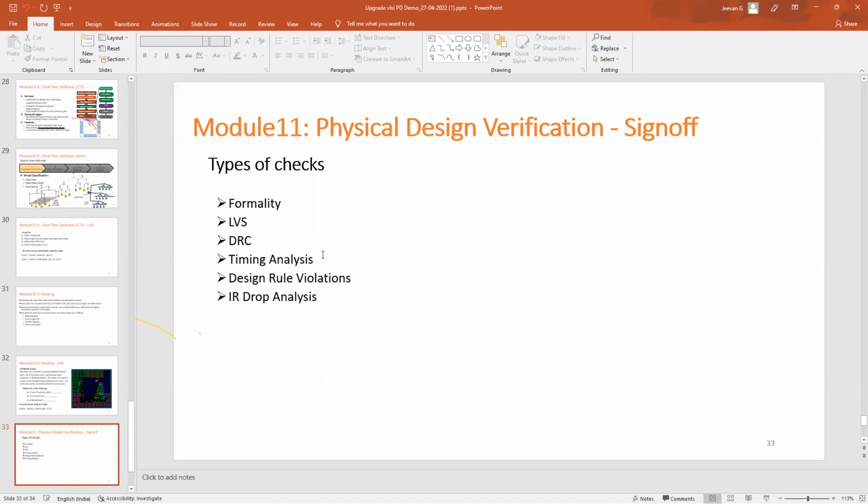Everything depends on you. If you see here, one of the checks is IR drop analysis. This is a very important sanity check. Every single concept of IR drop analysis, what happens in it and what it is, we can see in the lab and technical sessions. Only then will you come to know the real-time problems and the real-time solutions for those problems.